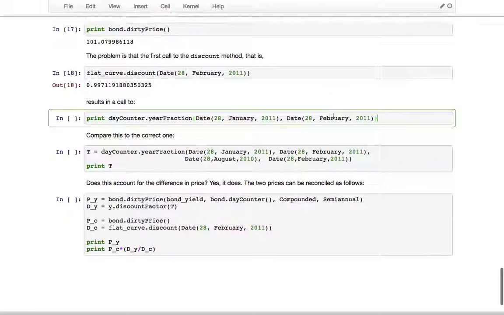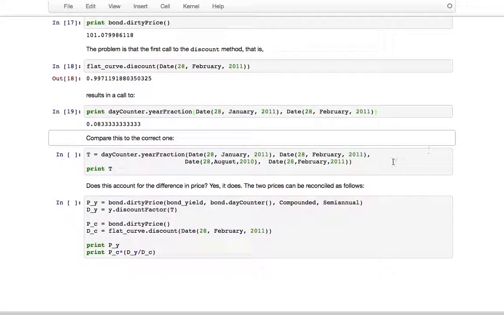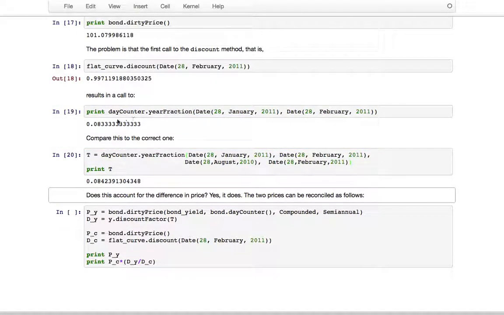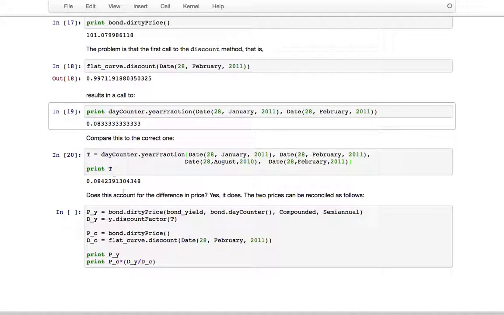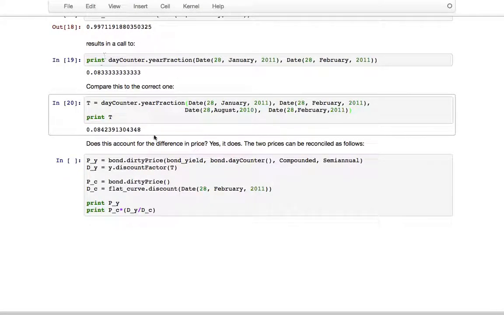As you see, the reference period is missing, which causes the year fraction method to take it as the same as between the two dates. So instead of the correct 6 month reference period, we are using a 1 month reference period here, and this results in the wrong result as compared to the correct result here. This accounts for the difference in price that we're seeing.